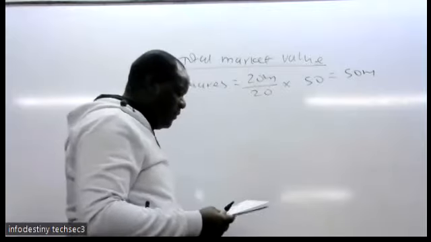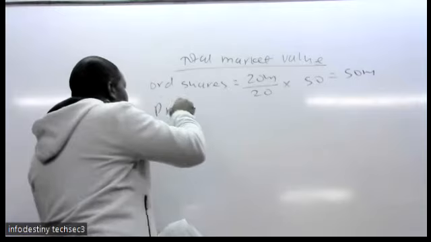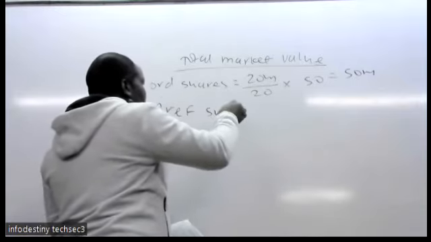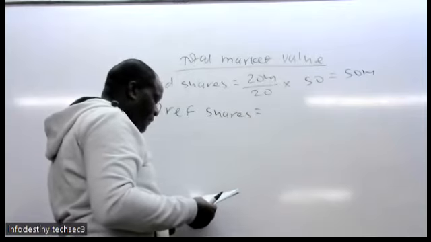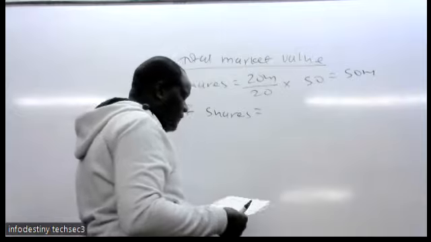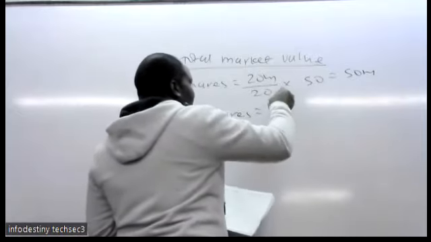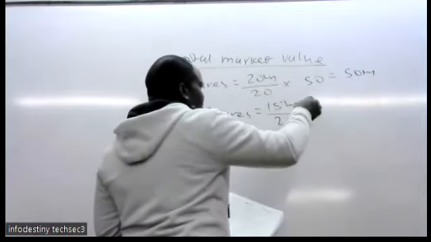The next one should be the preference shares. For the preference shares, it is 15 million divided by the par value, which is 20.